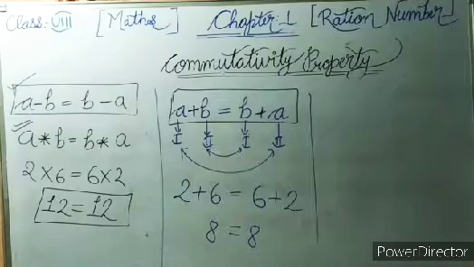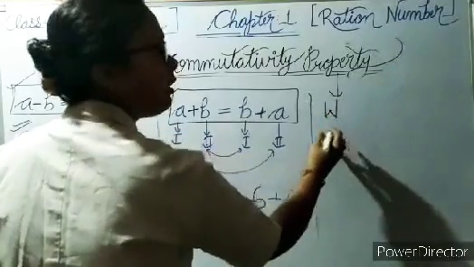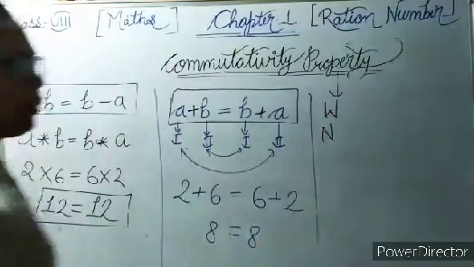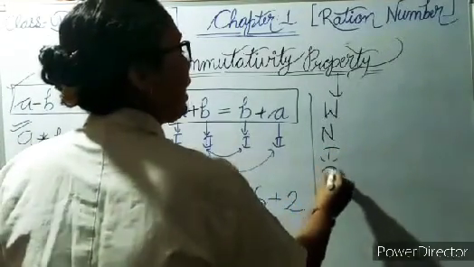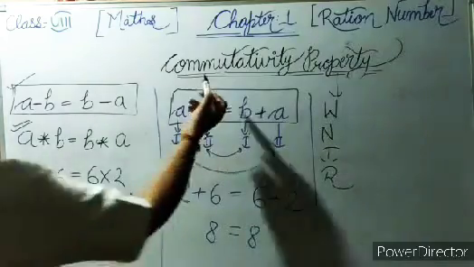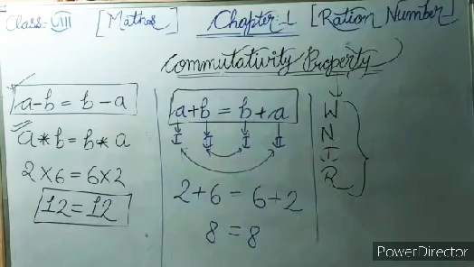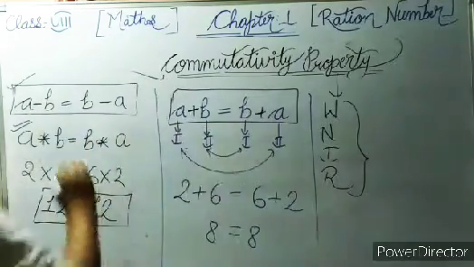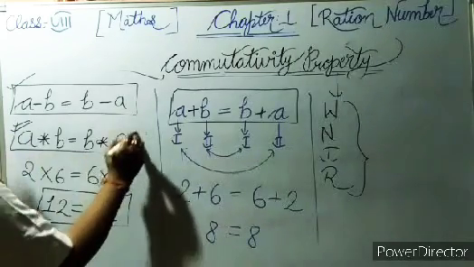But we will see it one by one according to the type of number: whole numbers, natural numbers, mainly integers, and after that rational numbers. So we will see the commutative property for all four, like we already discussed for closure property. Here, this is for multiplication.